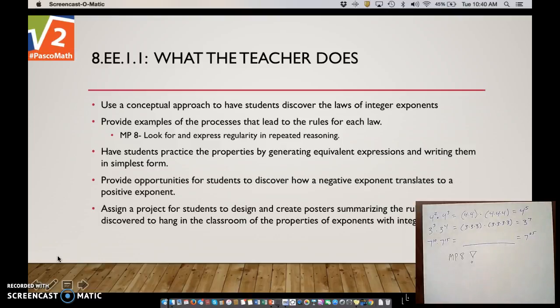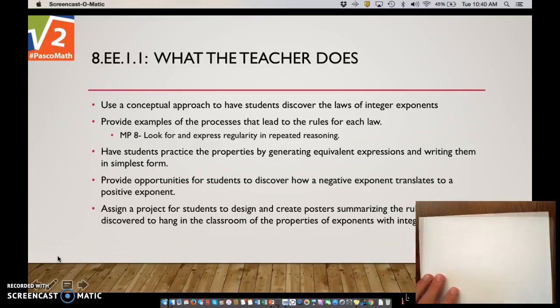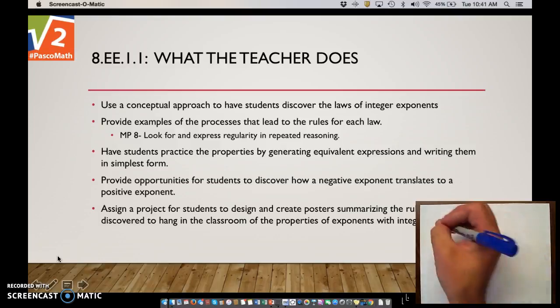Also, try to allow students to make sense of zero and negative exponents. I think that is something that they have difficulty conceptualizing. So again, I would rely on some patterning. I would set up a nice table for them and have them expand out to discover.